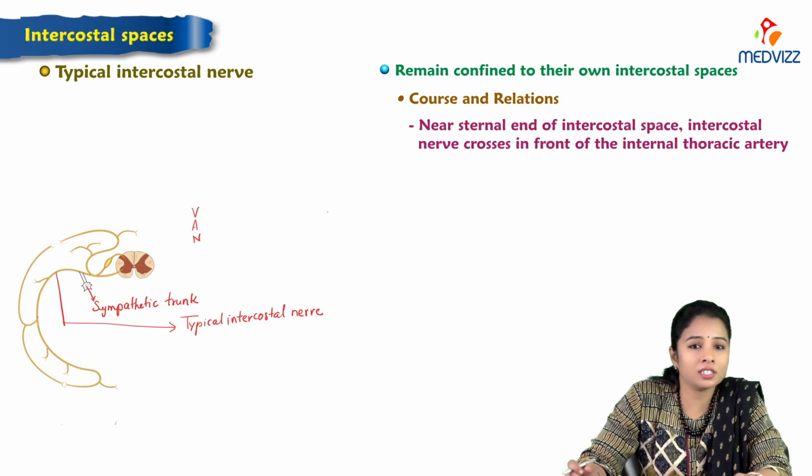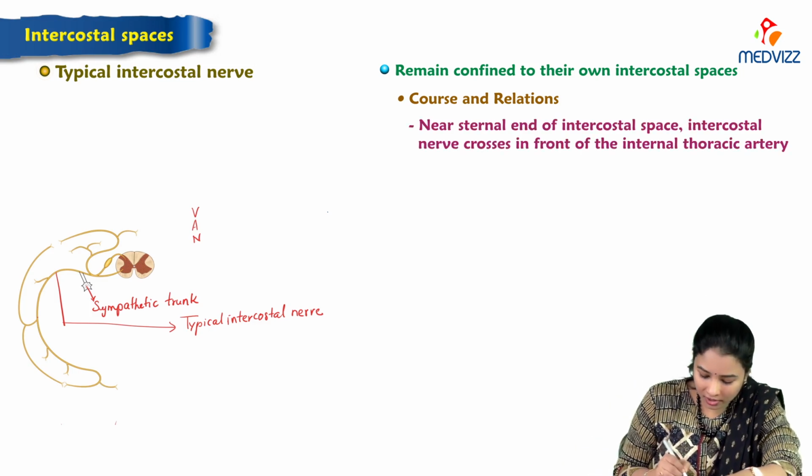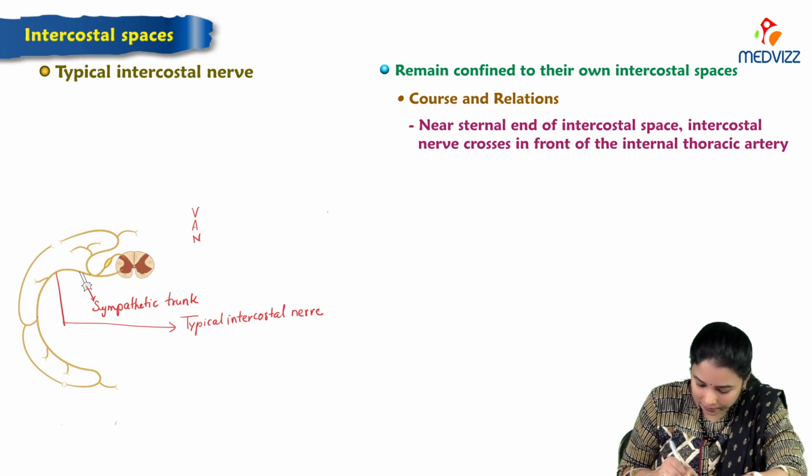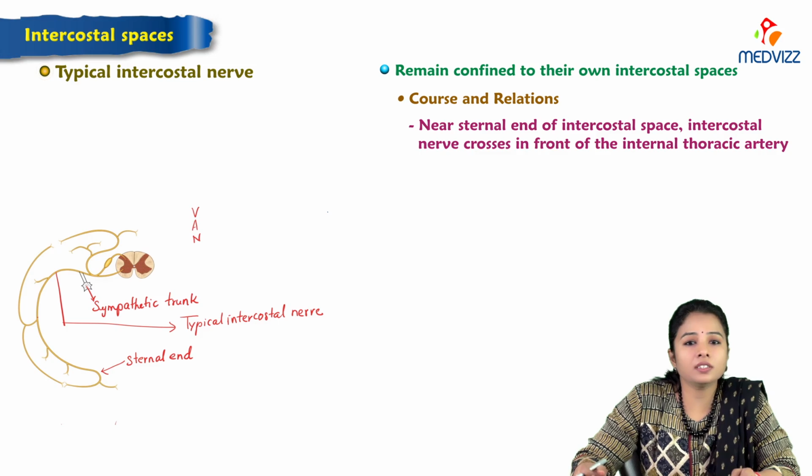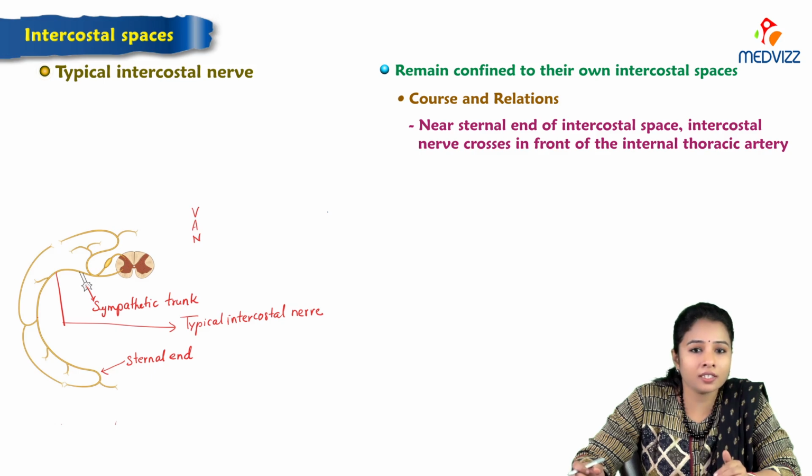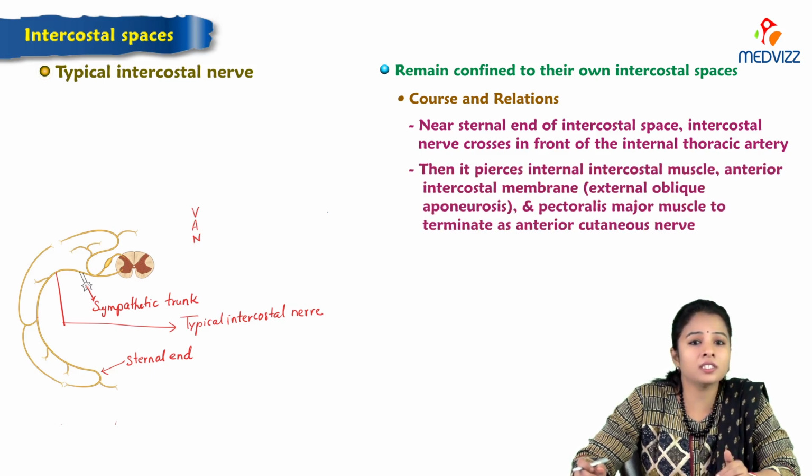So near the sternal end, if we see, here is the sternal end. Near the sternal end of the intercostal space, the typical intercostal nerve crosses in front of the internal thoracic artery, and then it pierces the internal intercostal muscle and anterior intercostal membrane.